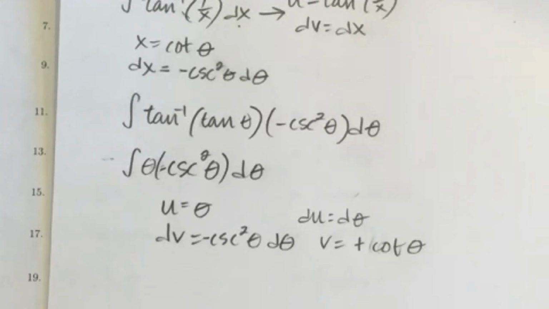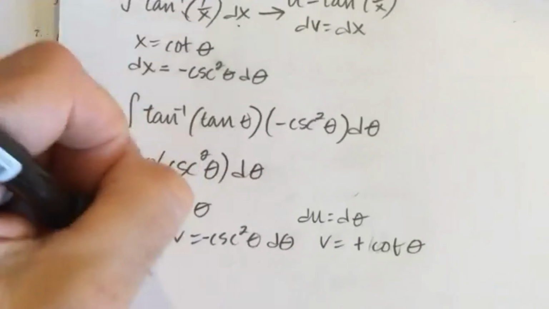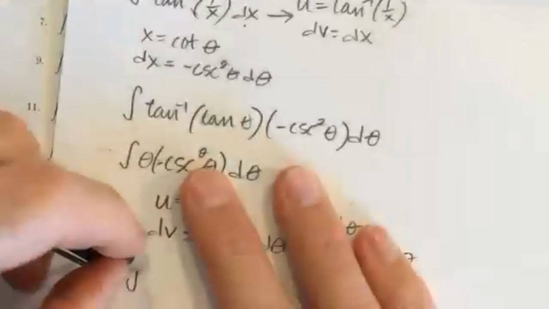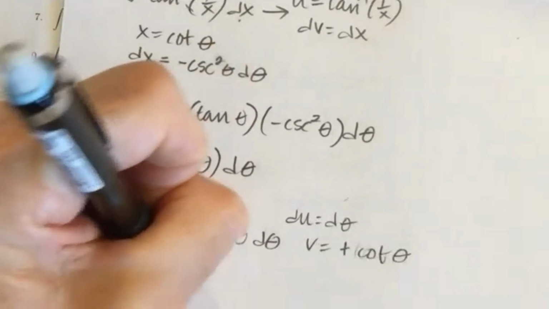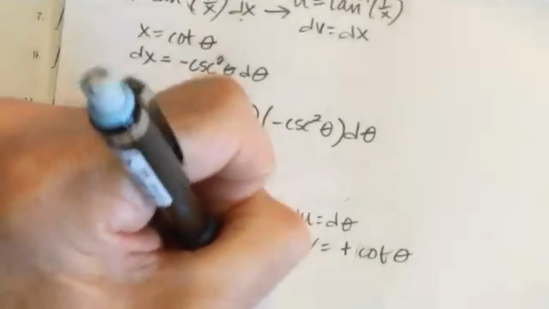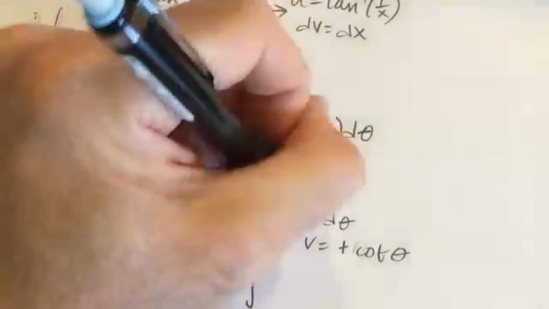At that point, you just finish the parts. I get uv, theta cotangent theta, minus the integral of v du, cotangent theta d theta. So it's getting better.